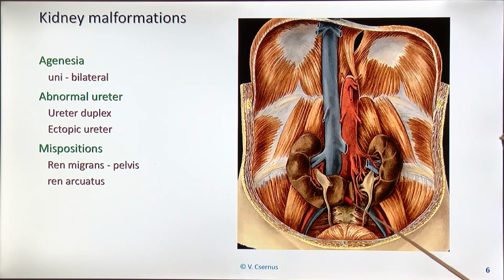The Ren arcuatus, the arch-shaped kidney, means that the two kidneys are somehow connected to each other and make a horseshoe-shaped kidney. This horseshoe-shaped kidney, whenever going down, will be stuck at the inferior mesenteric artery. It can never go up, just to the inlet of the pelvis.